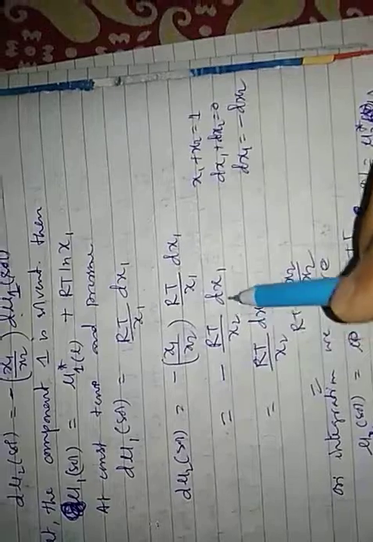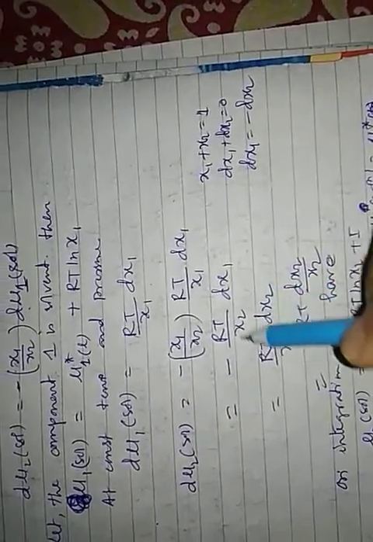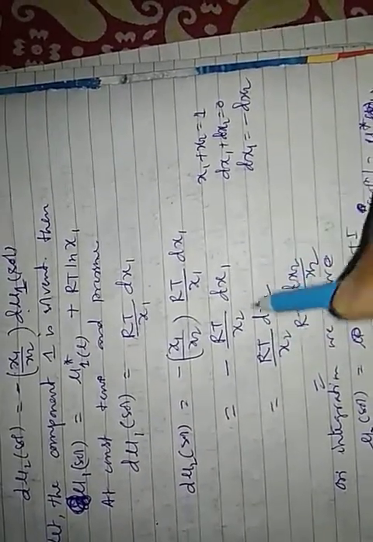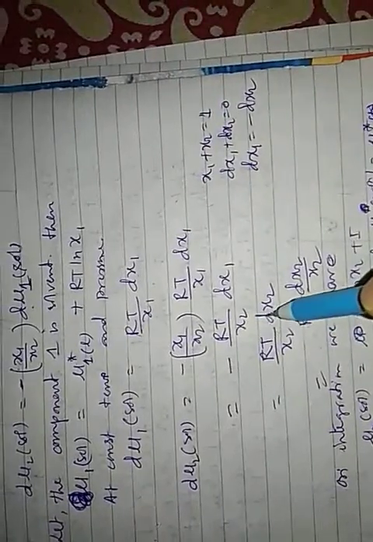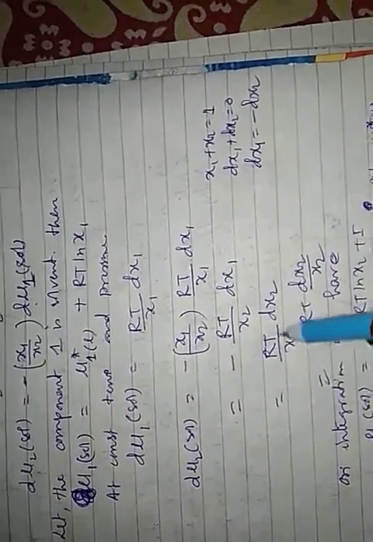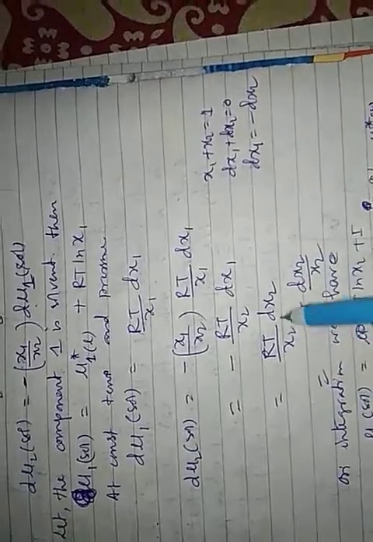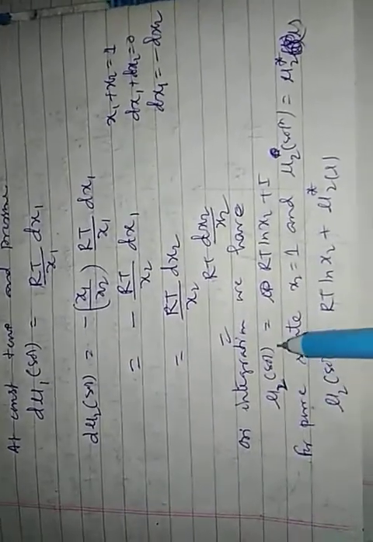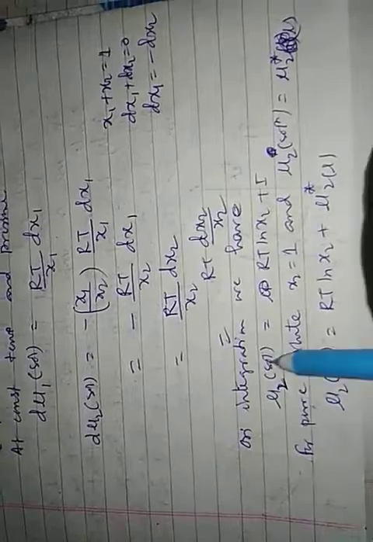So I can replace this dx1 with dx2. So that will be minus minus plus, and dx2 by x2. That brings me mu 2 in solution, that is the chemical potential of solute in solution, equal to RT ln x2 plus I. Now I is the integral constant.